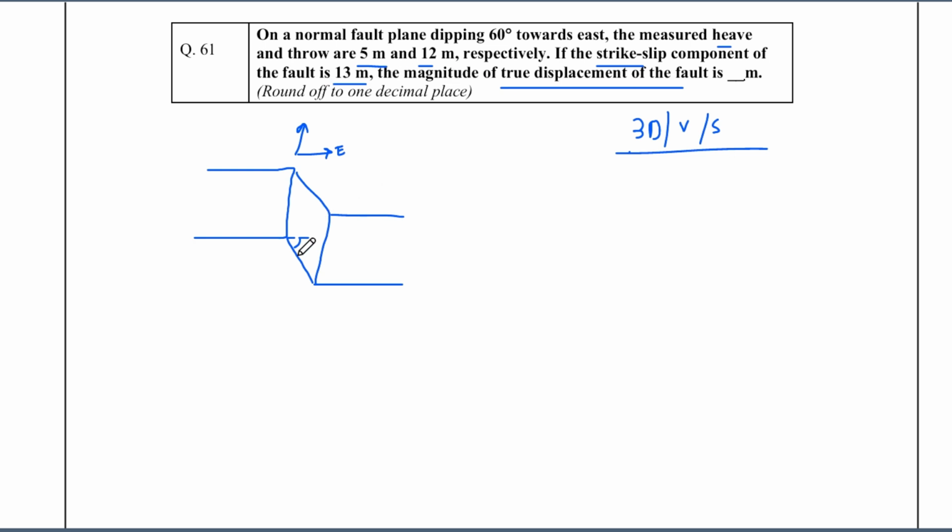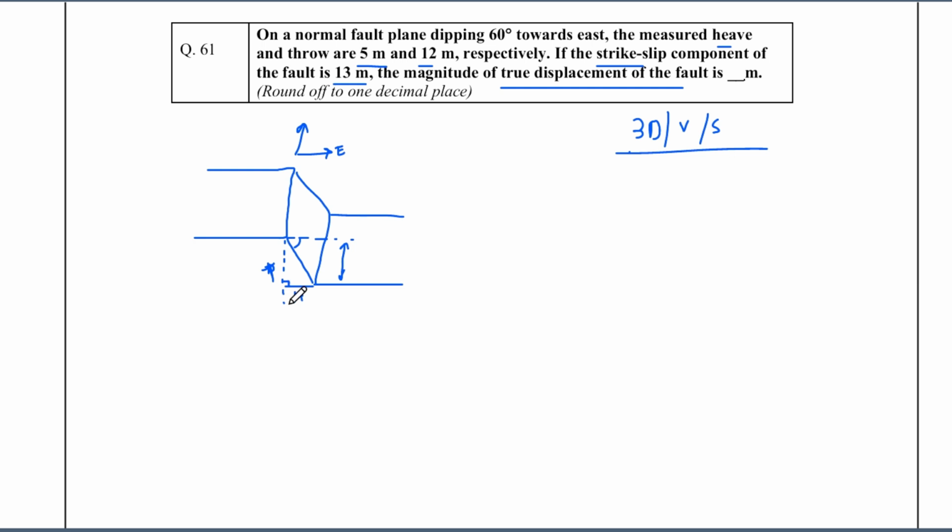Now heave is this horizontal distance. I'm constructing a fault. How much it is displaced from this horizontal, we call it heave. How much this is separated vertically, we call it throw.